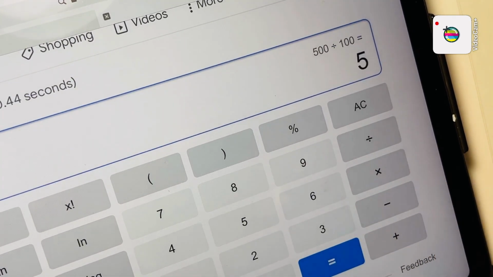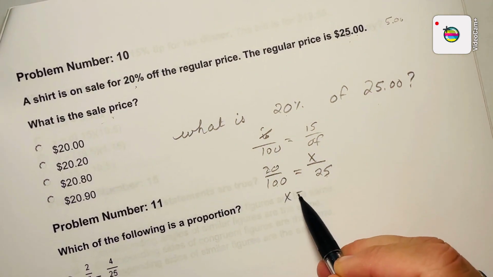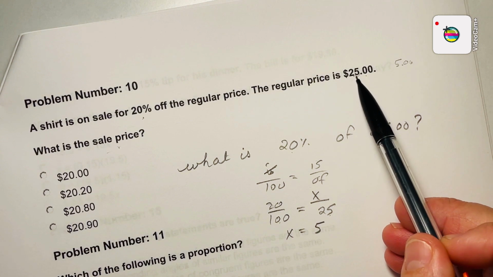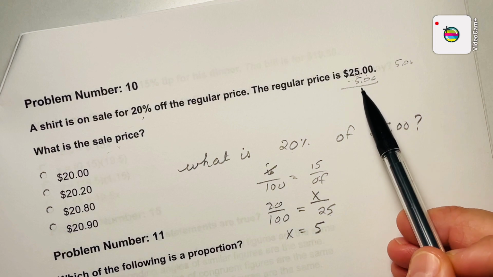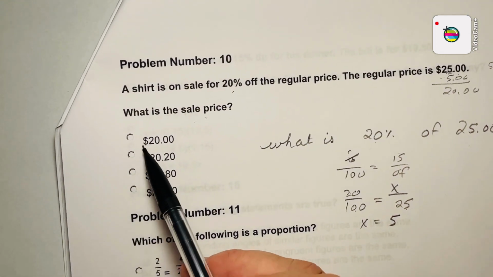See, there it is, $5. So all we have to do is subtract $5 from this and we'll have our sell price. 25 minus 5 is $20. So the sell price, $20.